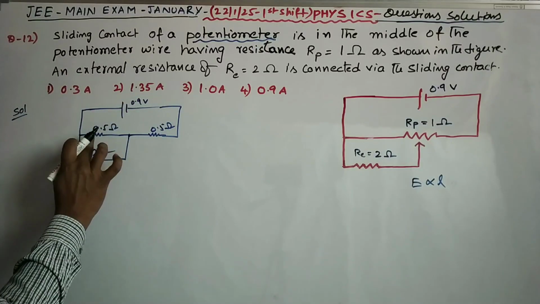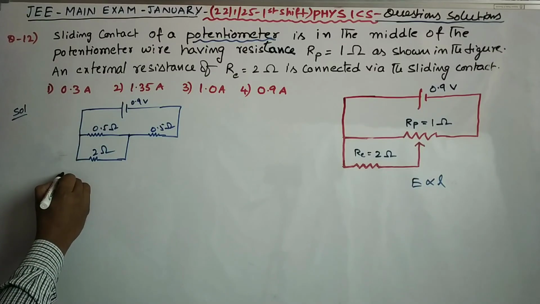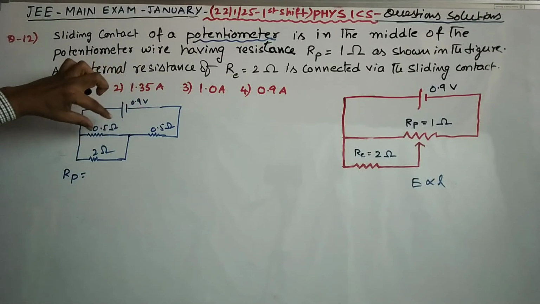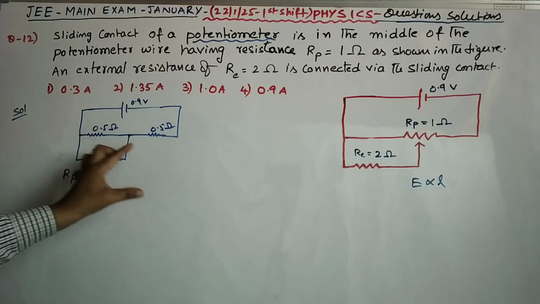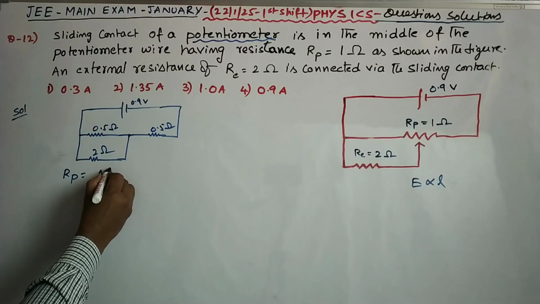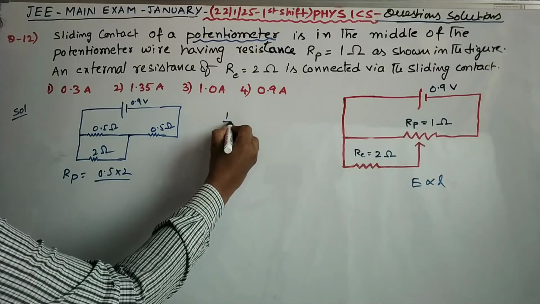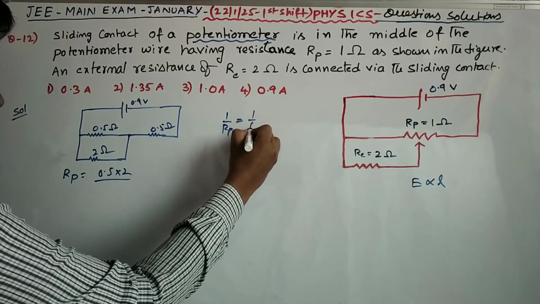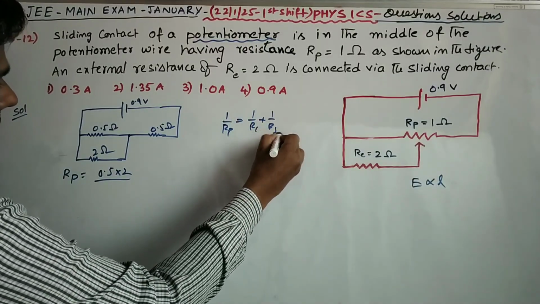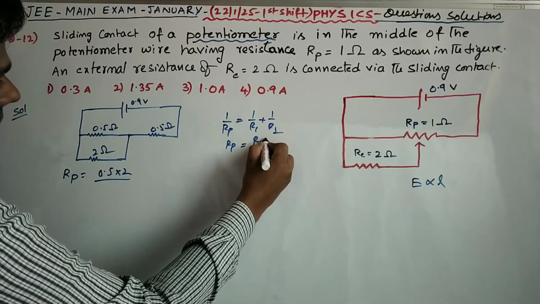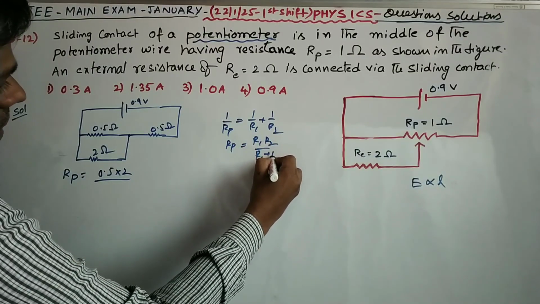What is the resistance of the parallel combination, Rp? These two are in parallel and this is in series. For a parallel combination, 1 by Rp is equal to 1 by R1 plus 1 by R2, that means Rp is equal to R1 R2 by R1 plus R2.